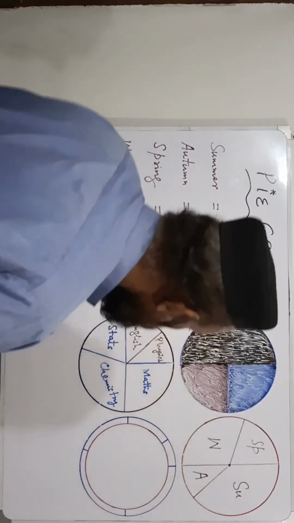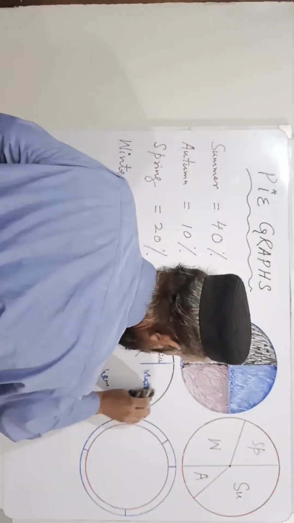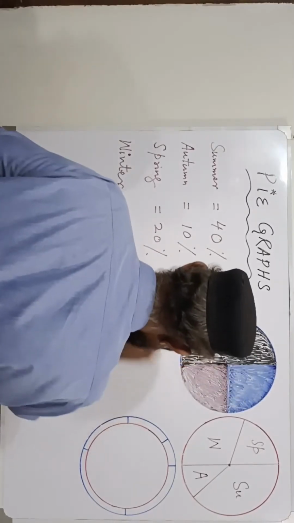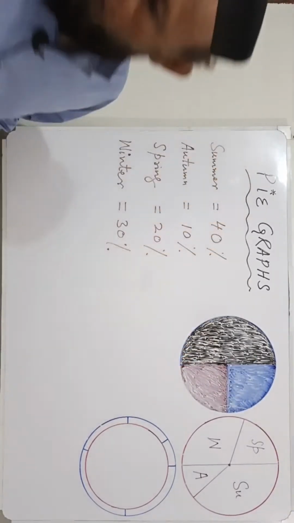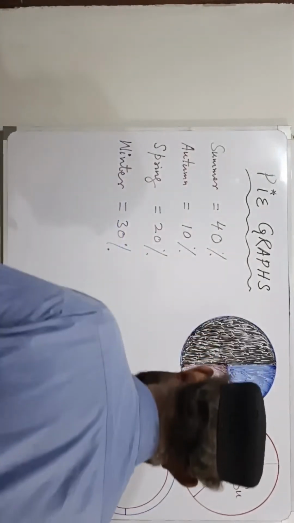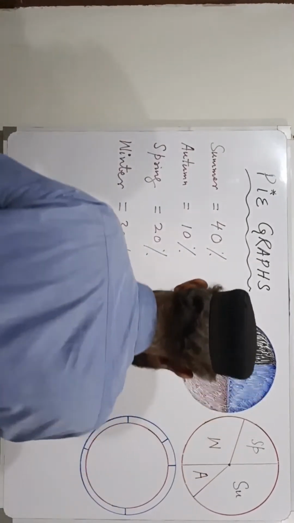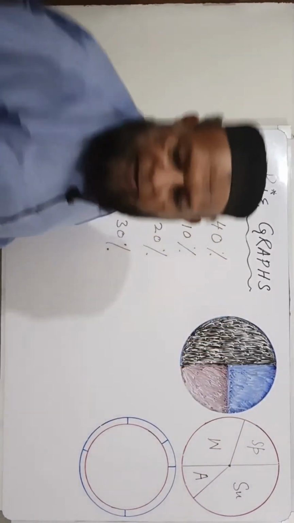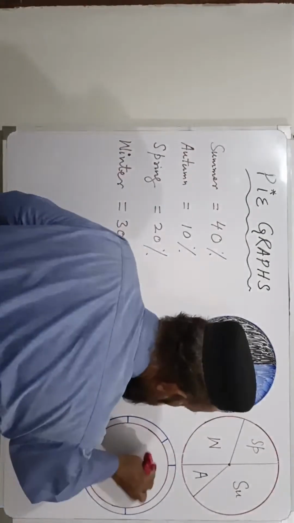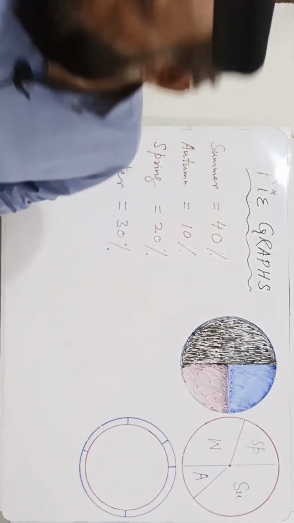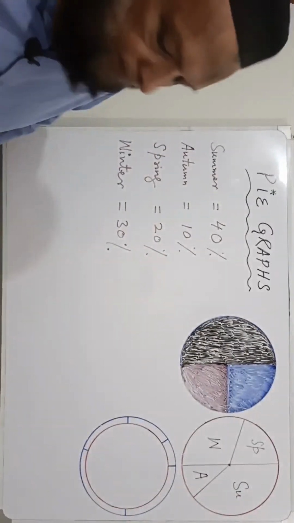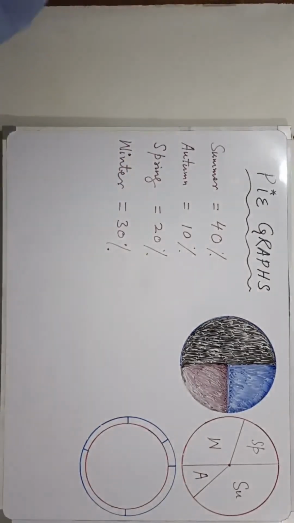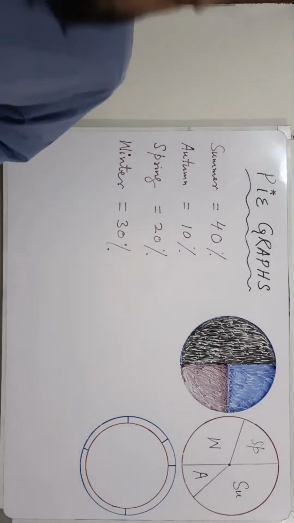Okay, I'm rubbing it right now because I want to show you something else over here. This is a donut graph. Where is the shape of donut? It is the shape of a donut, only you have to color it out. As we are using two colors, let's put these colors over here.